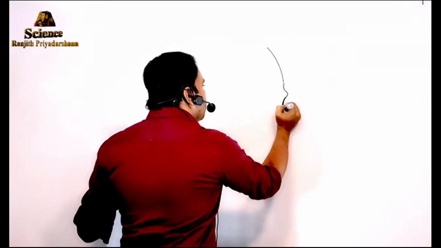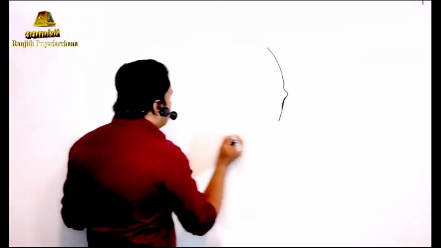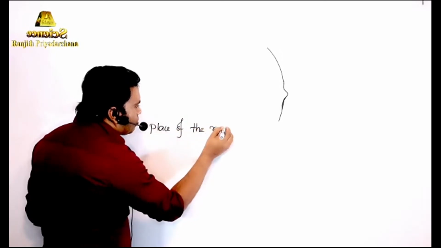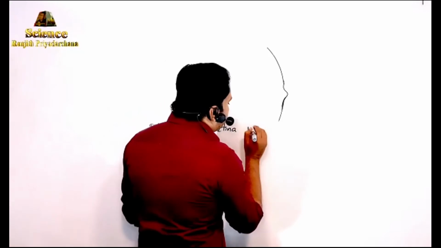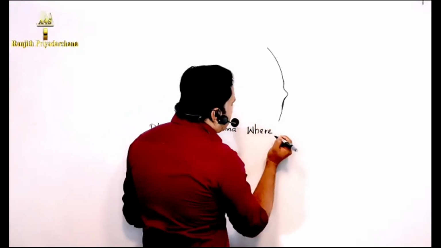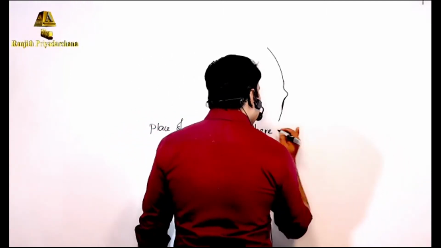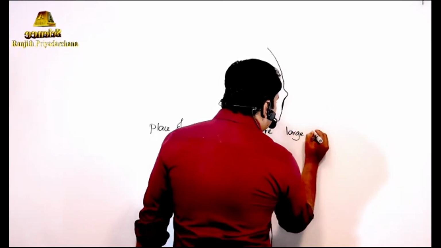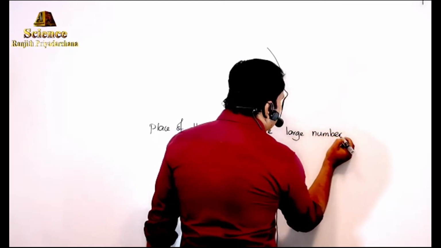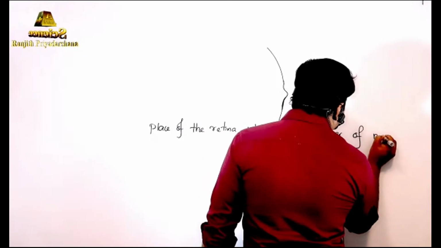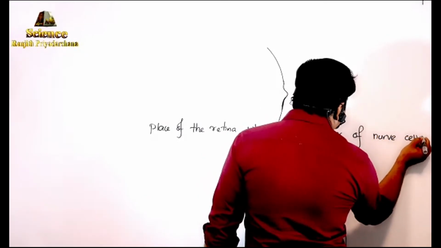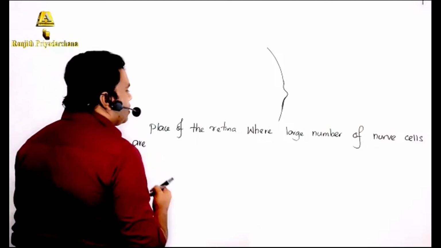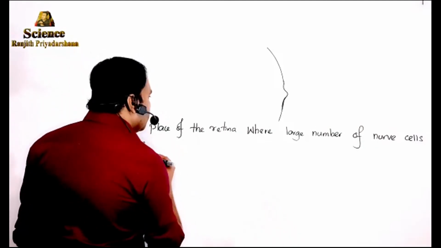This is the place of the retina where a large number of nerve cells are concentrated.